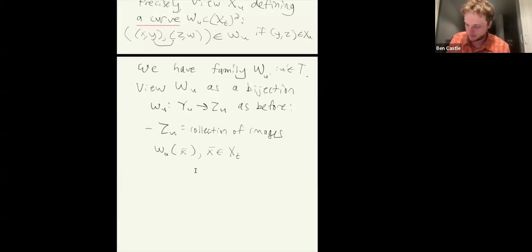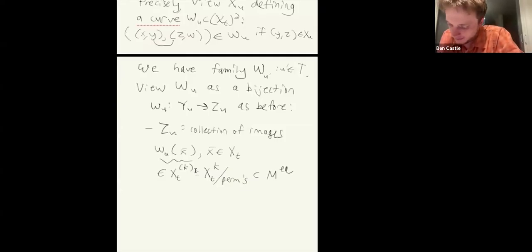And here we view this image as an element of a symmetric power, XT symmetric power K, for some K. That's just XT to the K mod permutations, and that's an MEQ. So that's a definable thing.